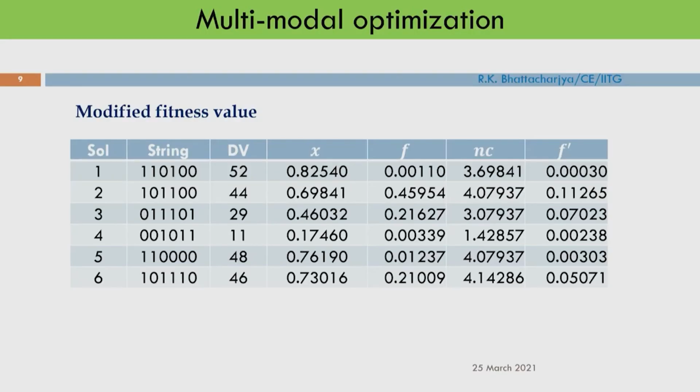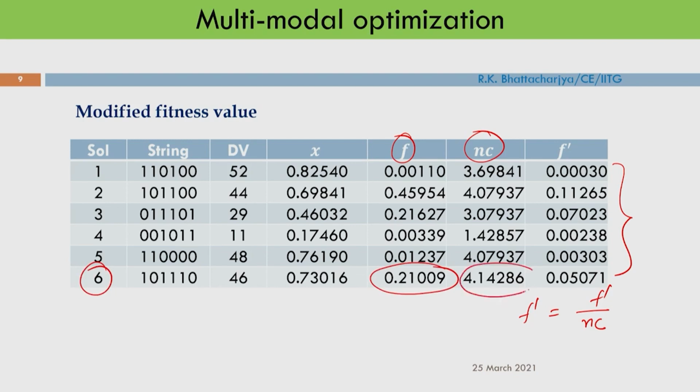I have already calculated the fitness value; this is the actual fitness value of the solution. I have also calculated the niche count, and now I am calculating the modified fitness value, which is equal to the original fitness value divided by NC. These are the reduced fitness values. You can see that the original fitness of solution 6 is 0.21009, and this is a crowded solution with a very high niche count of 4.14286.